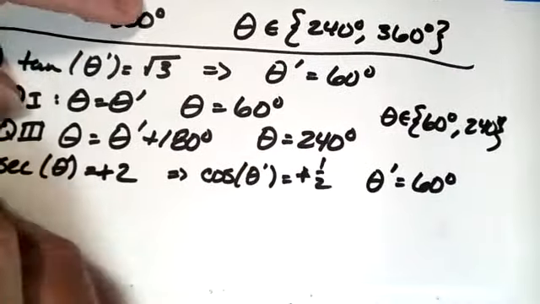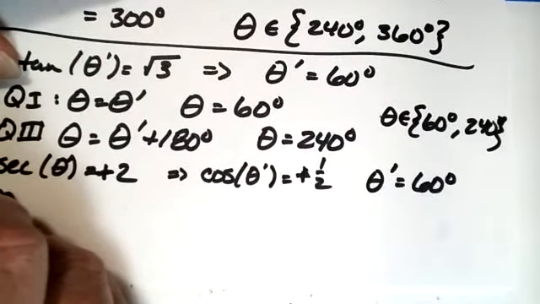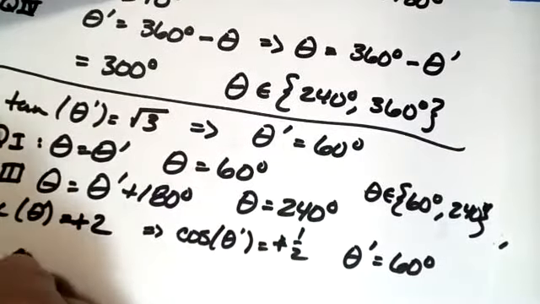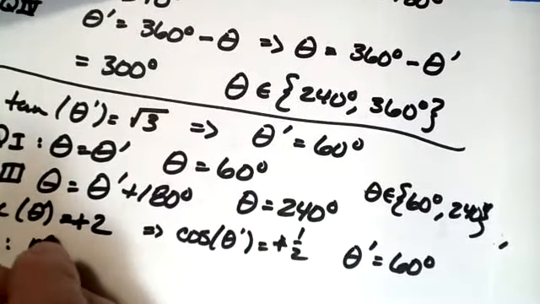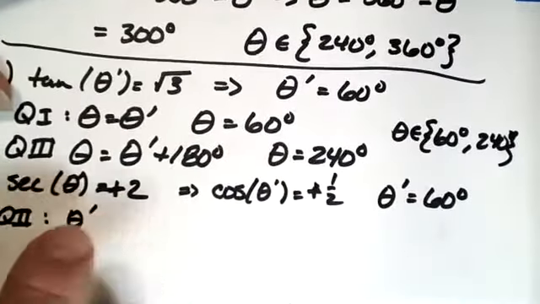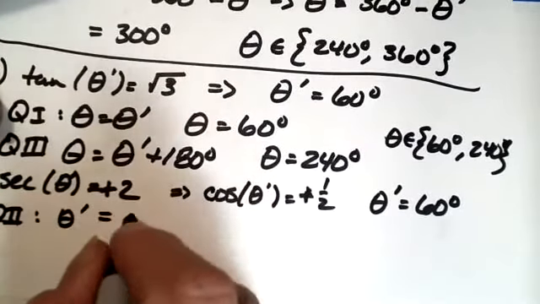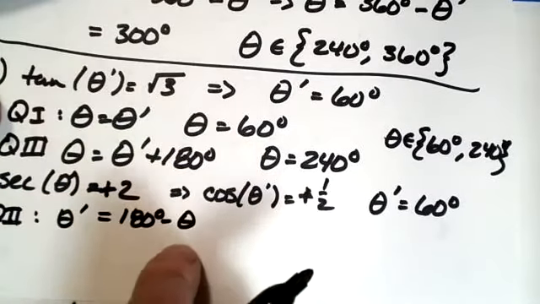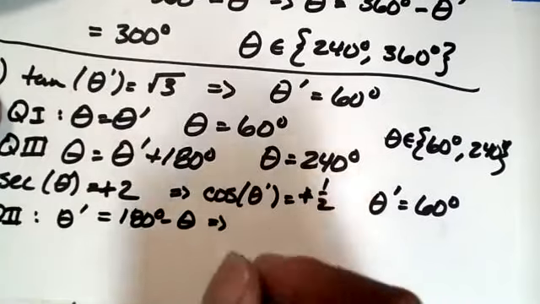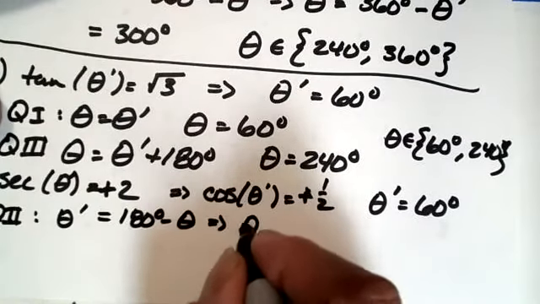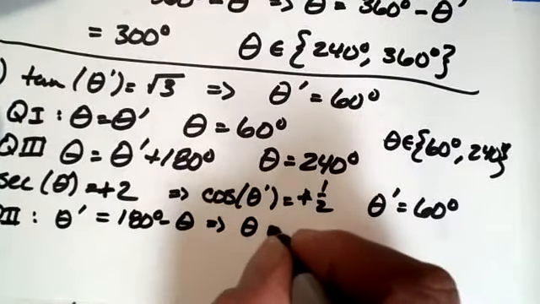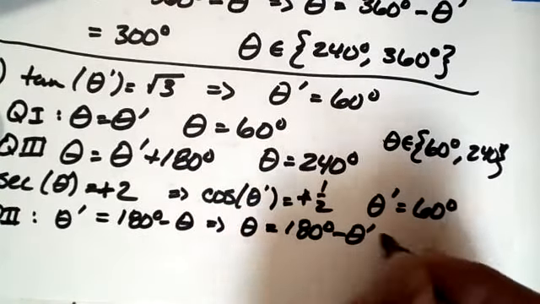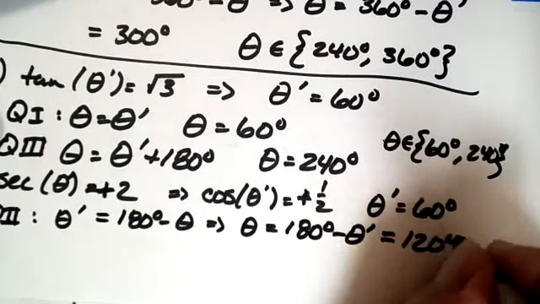So there will be one solution in quadrant 2, which I don't think we've done yet. Here was the original equation. The reference angle is equal to 180 degrees minus the angle in question. So the angle in question is equal to 180 degrees minus the reference angle, which is just 120.